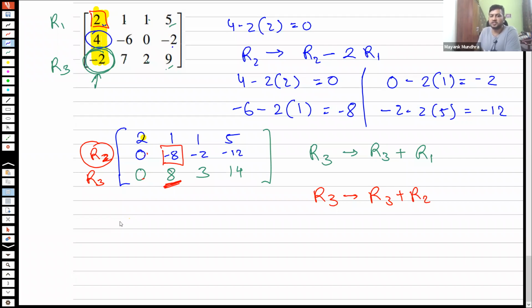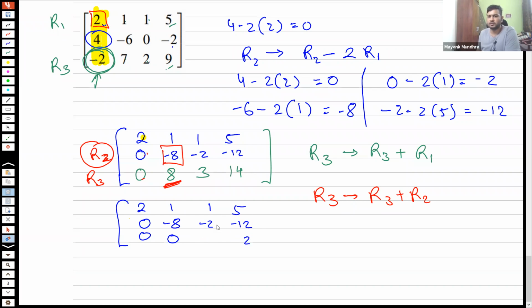The first row does not change at all because I'm not doing any operations: 2, 1, 1, 5. The second row also does not change: 0, minus 8, minus 2, minus 12. The third row becomes 0, 0, 3 plus minus 2 is 1, and 14 plus minus 12 is 2.